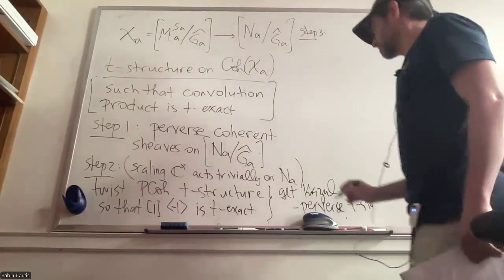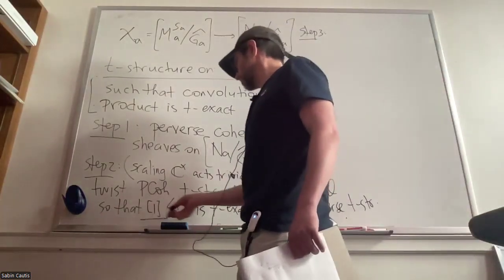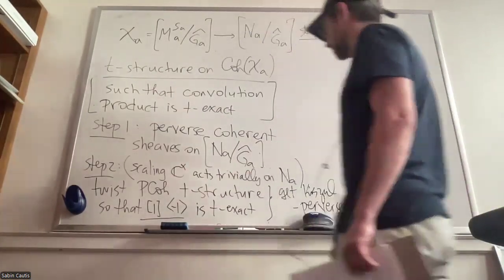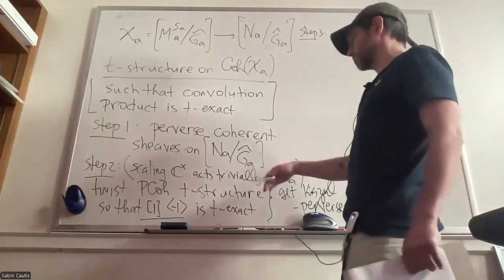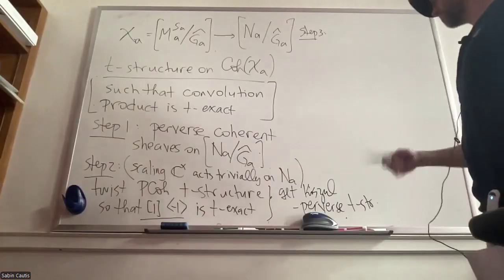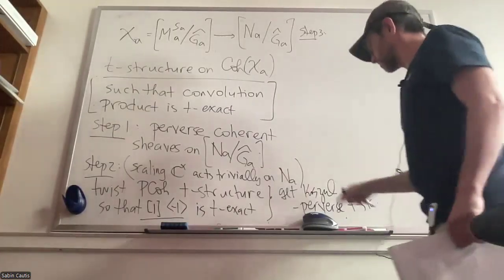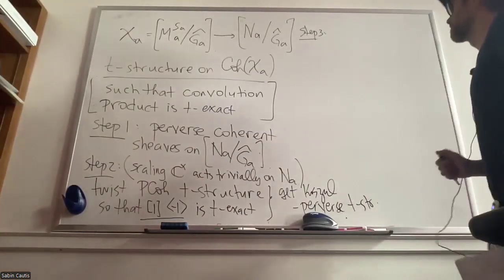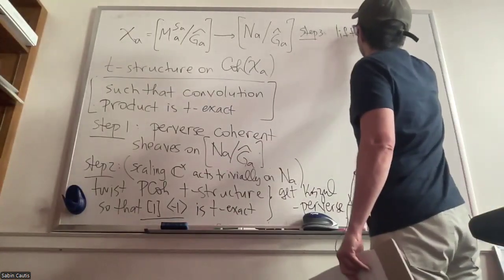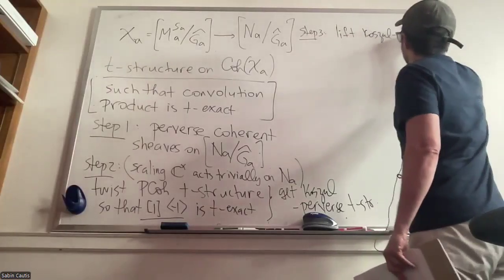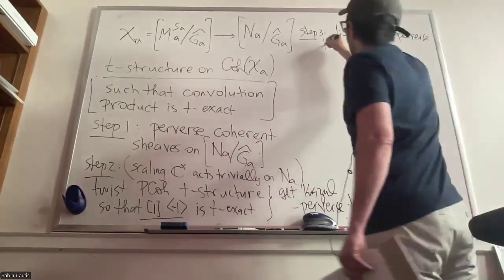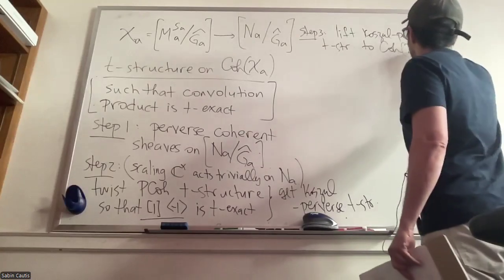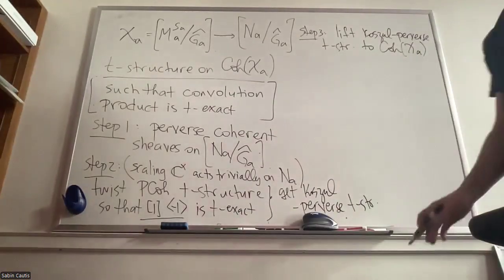The reason I'm calling it causal is because this being T exact is reminiscent of a causal shift that shows up in causal duality, and also the source of the subsequent T structure is influenced by causal duality. So I'm going to refer to this twisted version as the causal perverse T structure. So now lift the causal perverse T structure all the way to XA. So those are the three steps.